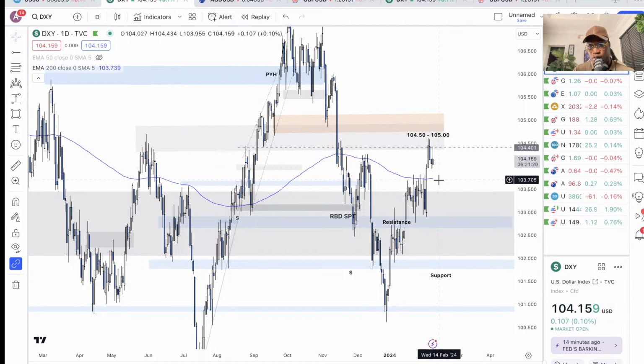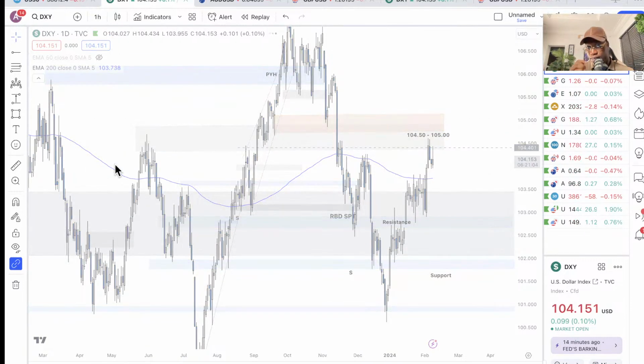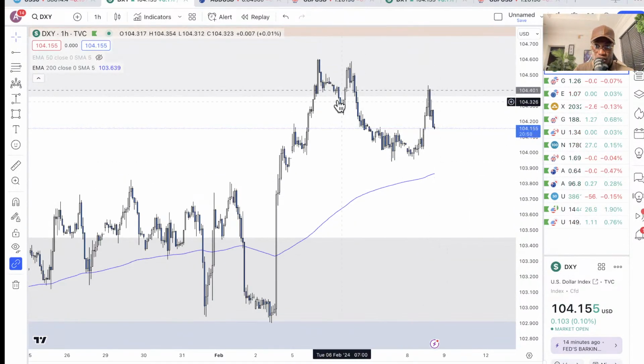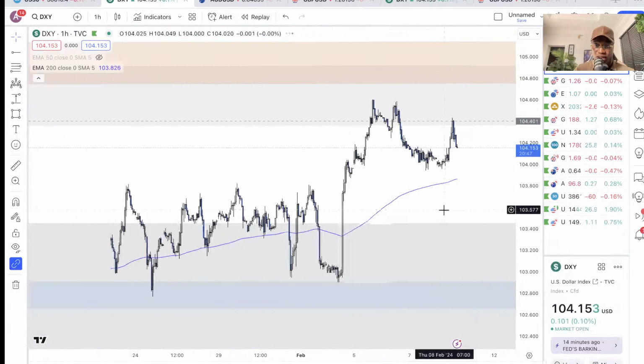I expect even further downside for the dollar, but if we get a nice break above this point, then across the currencies that are paired with the US dollar, I would be buying the dollar. But for now we're seeing rejections. I'd go even lower. We're seeing rejections, double top, neckline break, retest, and pullback. I expect this pullback to continue for a while in the dollar.